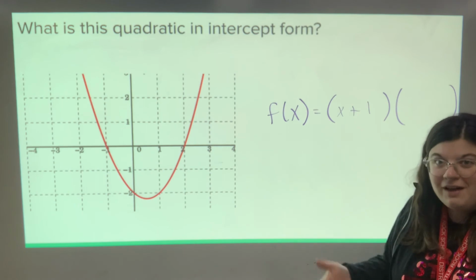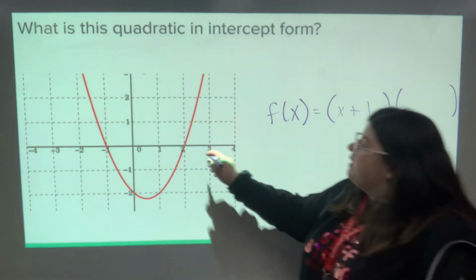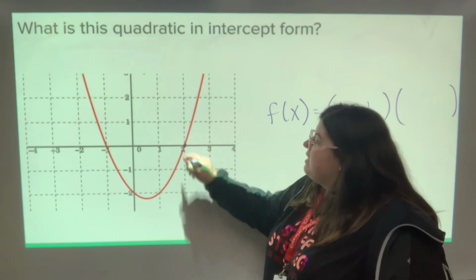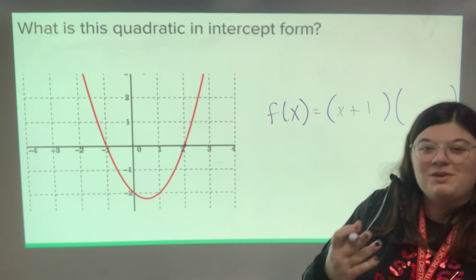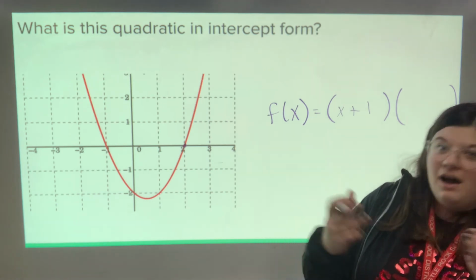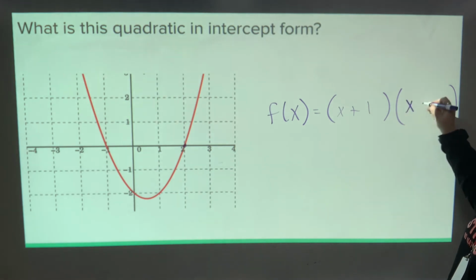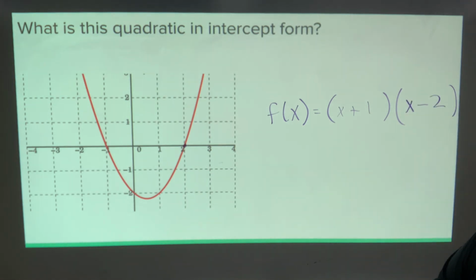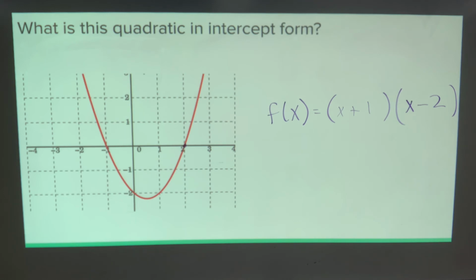So check mark, yeah, that works. It's an x-intercept. Okay, what about this other place where it crosses my x-axis? It crosses at a +2, so what's the opposite of +2? A -2. So x minus 2 for that last factor. Pause if you want to get that example down.